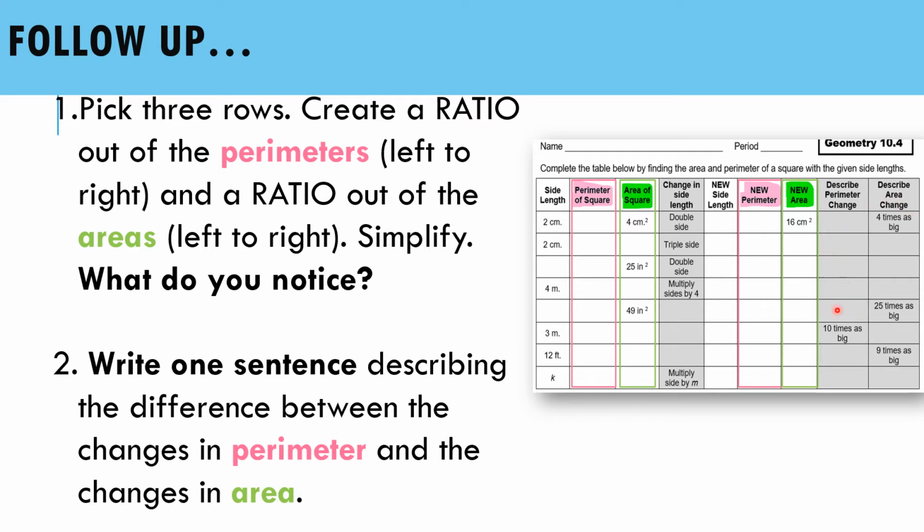Down here, I believe we said the perimeter change was 5 times as big. Well, the area change was 25 times as big, right? On this second row, I think we had a side length tripling, or times 3, and then the area change ended up being times 9, right? So you should see a normal regular number and then a squared number in that area change. So that's a key to what we're going to talk about today.